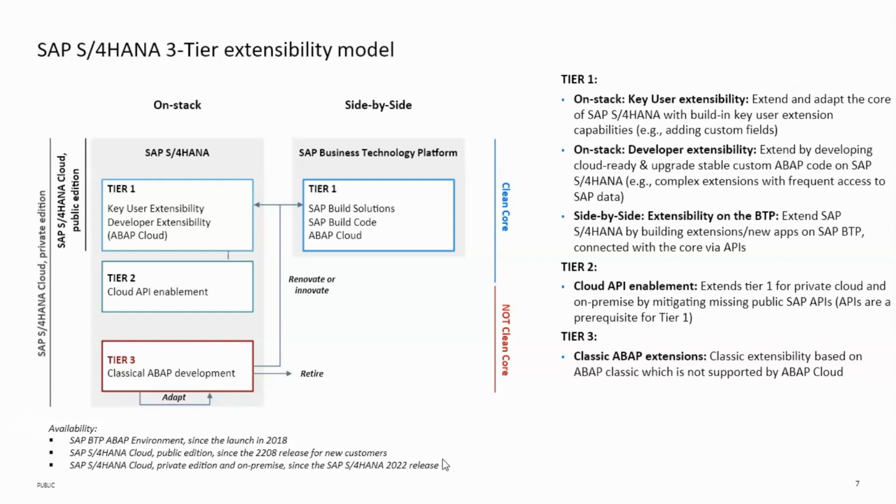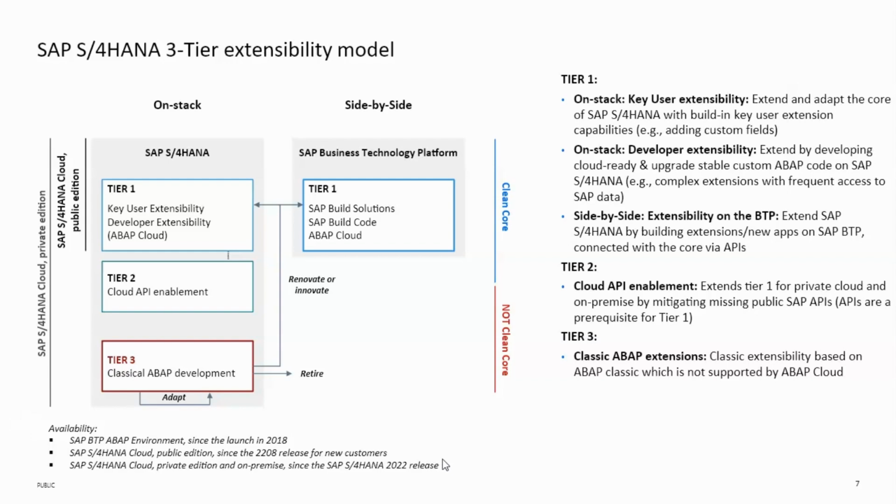Now coming to tier 1, which is where we are going to work. We have the on-stack key user extensibility: extend and adapt the core of SAP S/4HANA with built-in key user extension capabilities.